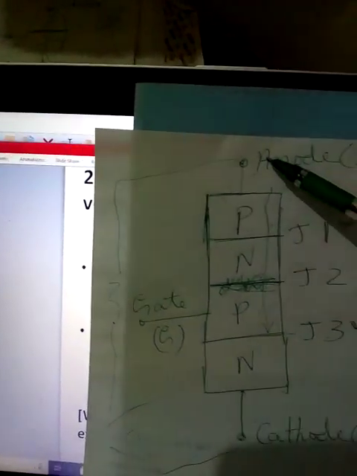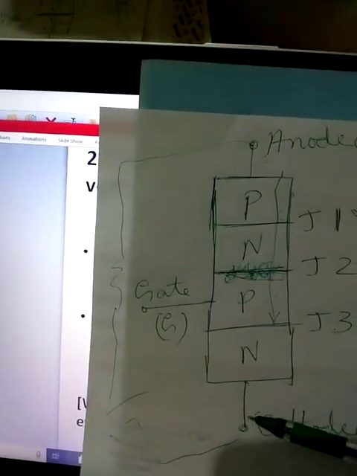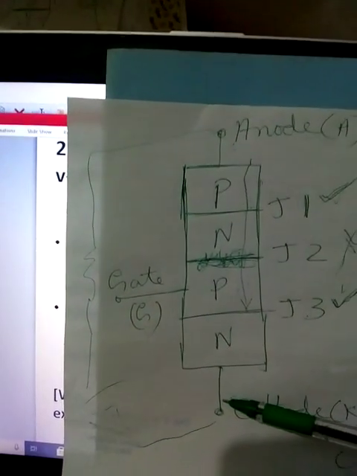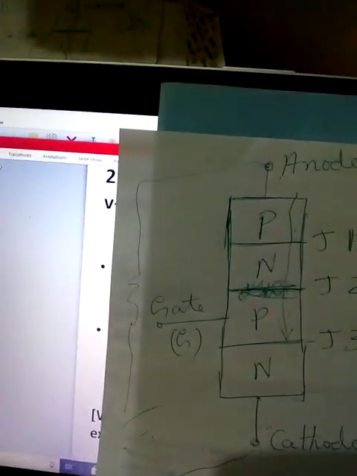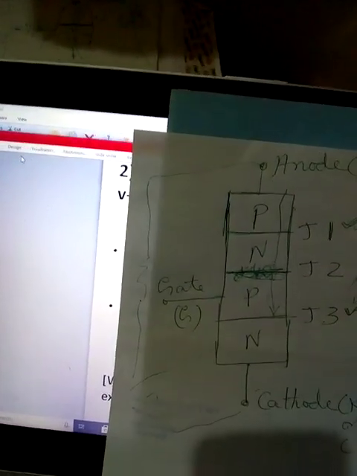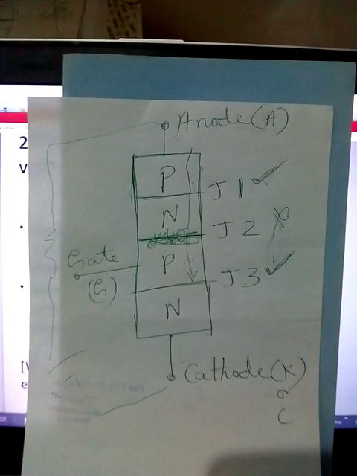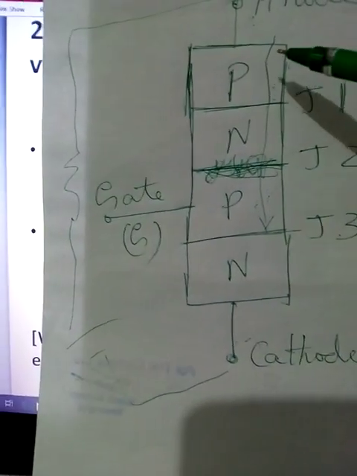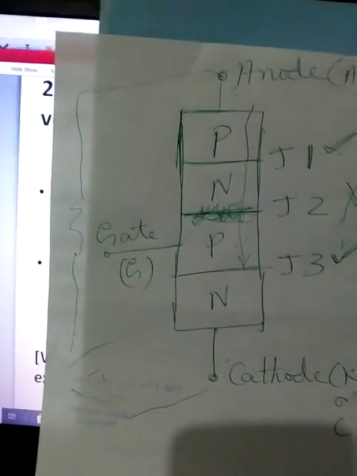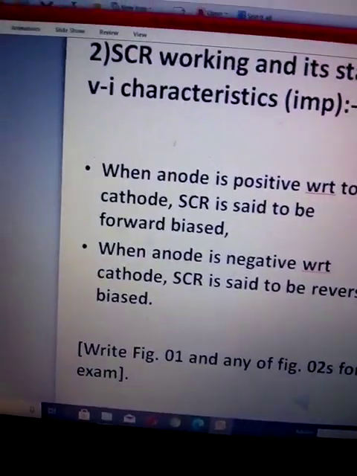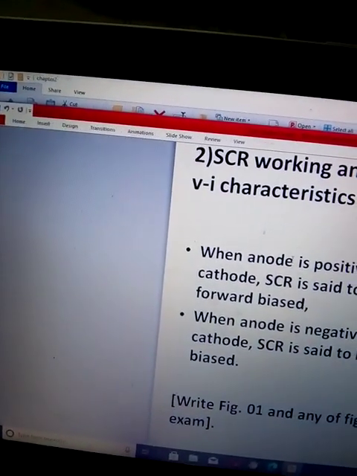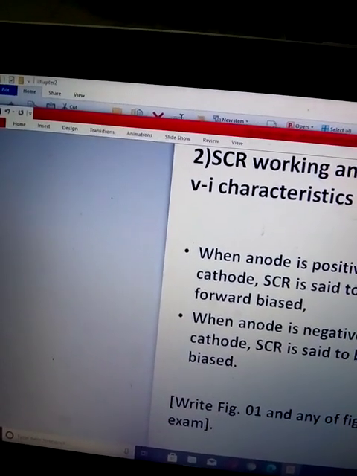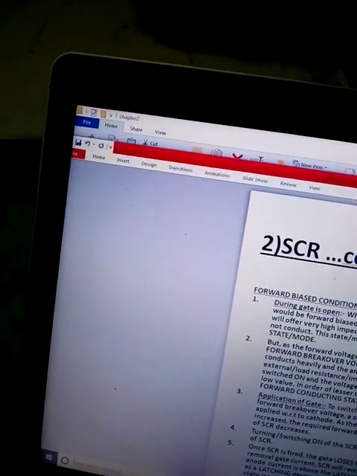If anode is at a lower potential with respect to cathode, SCR is reverse biased. Fine. So now there are 4 layers, 3 junctions. Let us move to the next slide.